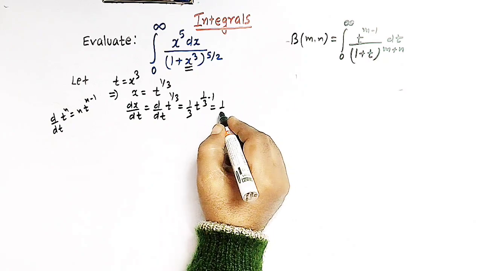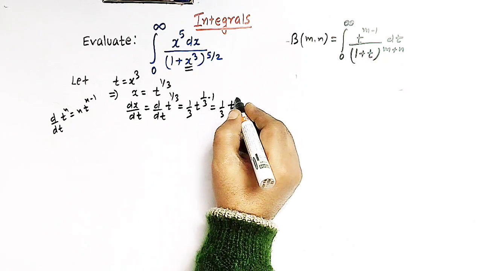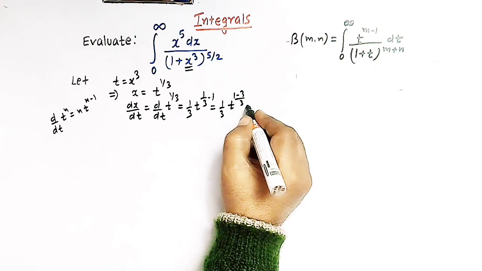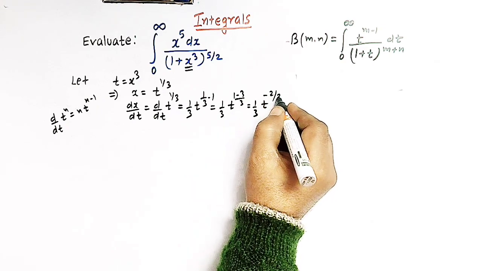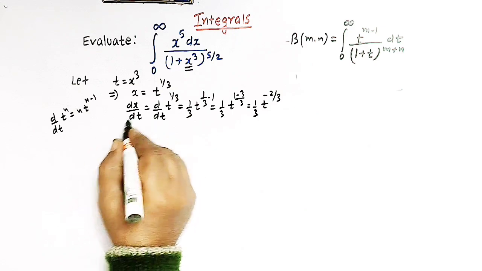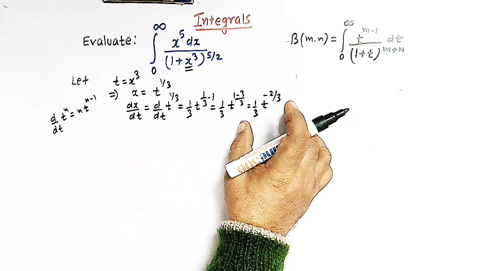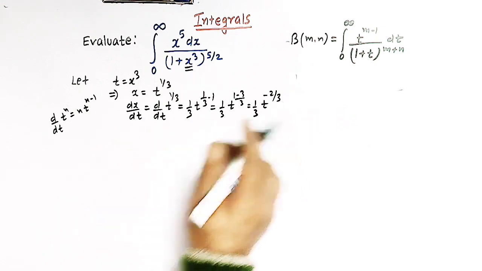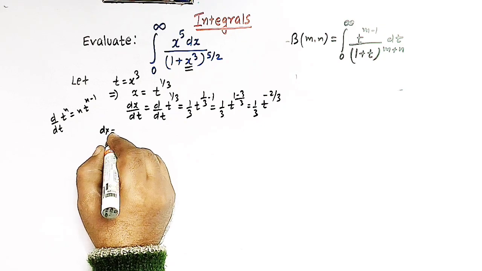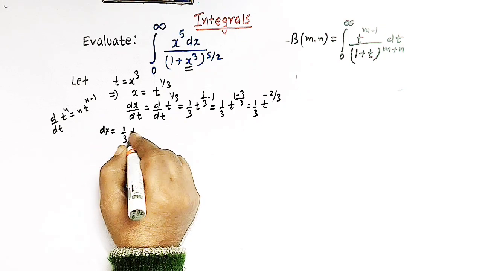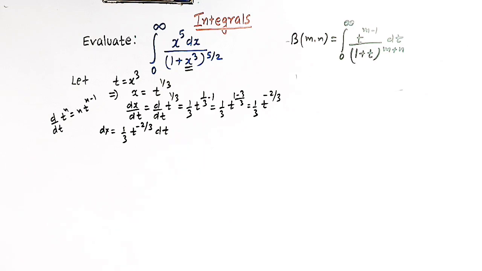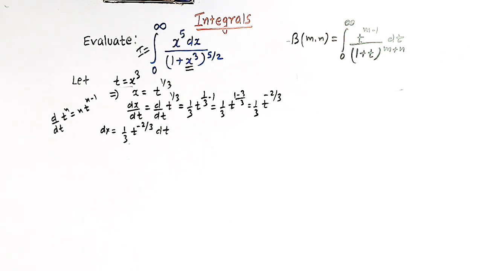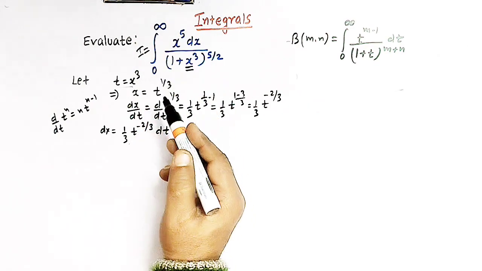So this is 1 over 3 t raised to 1 minus 3 over 3, that is 1 over 3 t raised to minus 2 over 3. So now dx over dt is equal to this expression, and we can write dx is equal to 1 over 3 t raised to minus 2 over 3 dt.